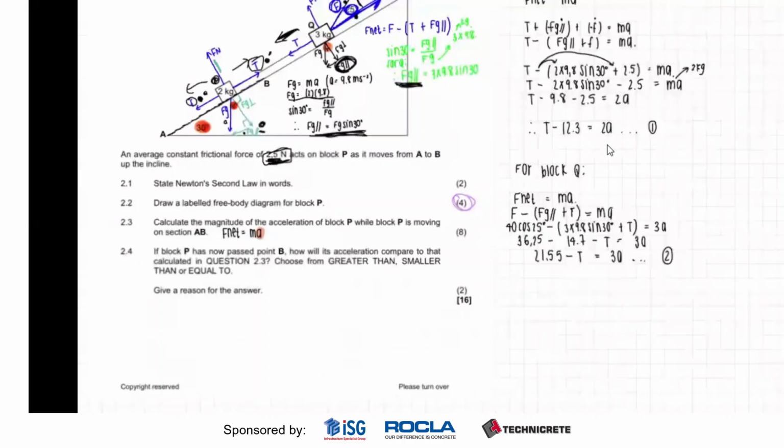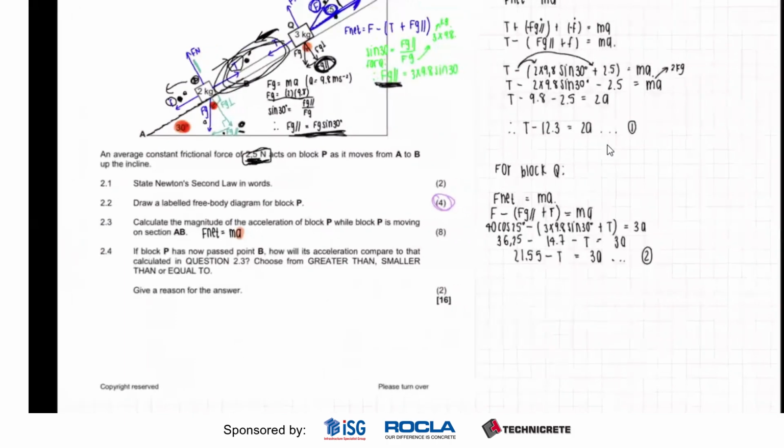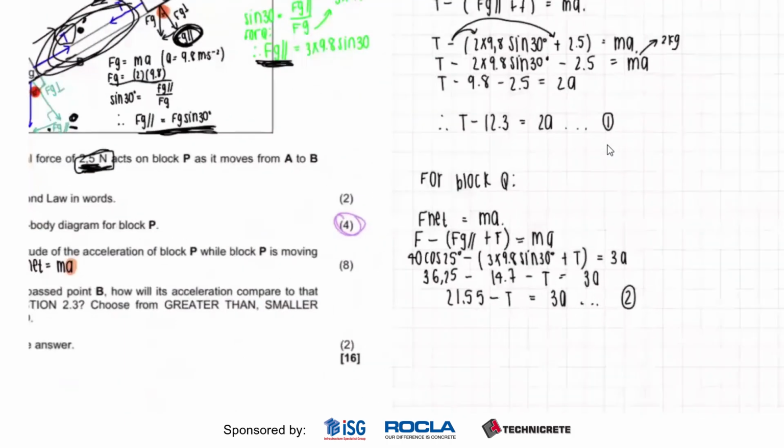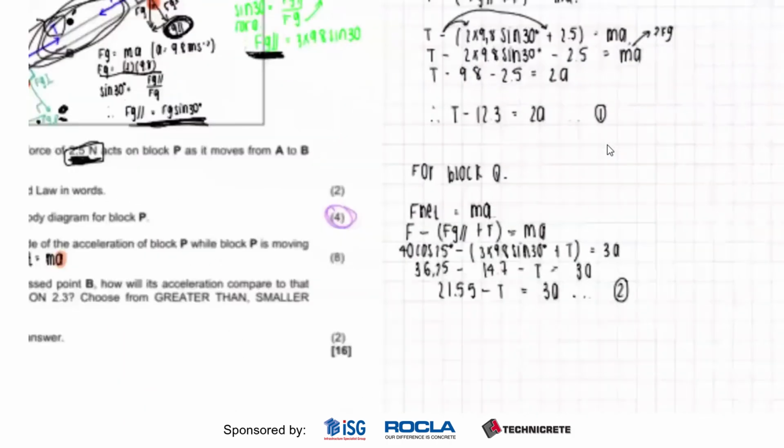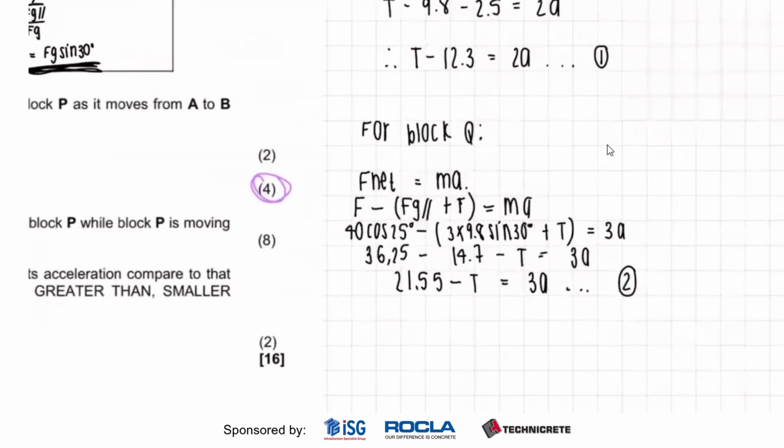Now, because these tensions are the same tension, it's the same force, just acting on the two different blocks, we know that those tensions are the same. We also know that because the blocks are connected, the accelerations are also the same.